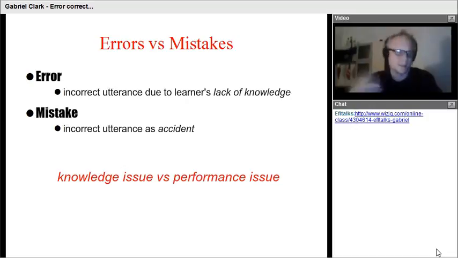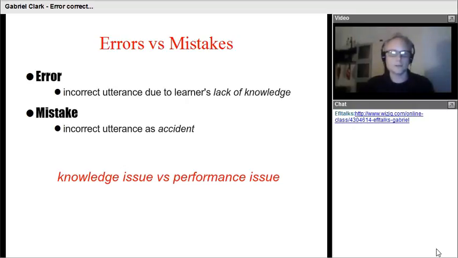If the student has made an incorrect utterance because of their lack of knowledge, because they don't know the rules, or because they don't know the correct vocabulary, then these are errors. If the student has made an incorrect utterance by accident, this is a mistake. This is very common in English language learning and language learning in general.